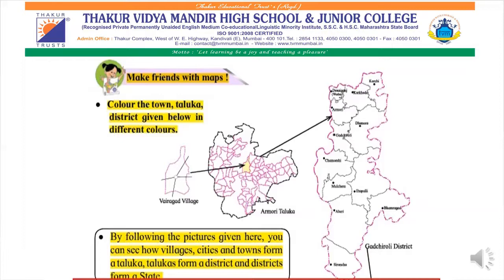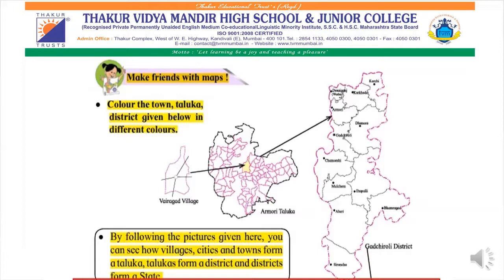By following the pictures given here, you can see how villages, cities and towns form a taluka. So, a taluka is made up of small villages, cities and towns. Here, Vairagad, one village, is in Armori taluka. And this Armori taluka is in Gadchiroli district.